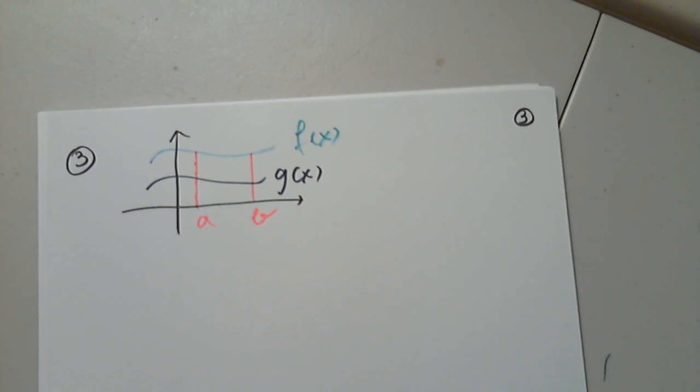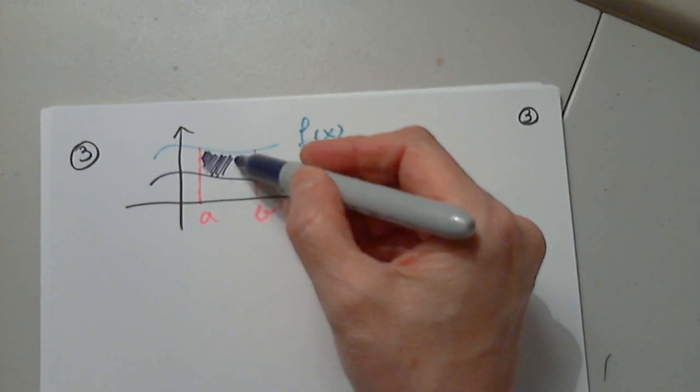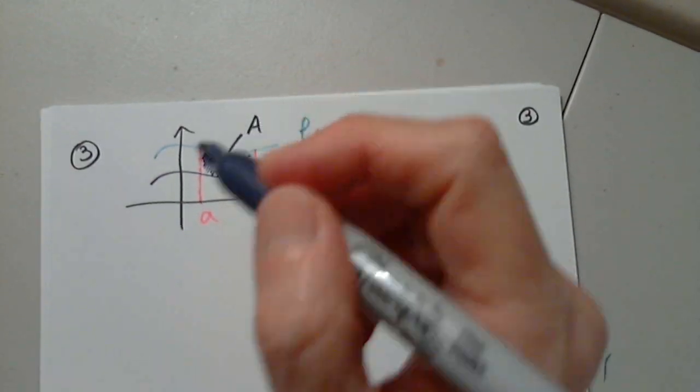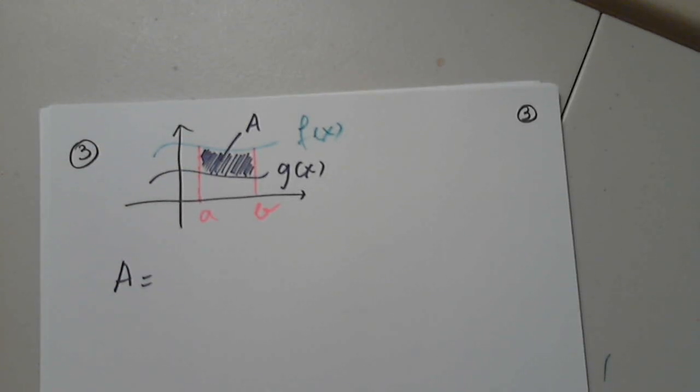And this time we want to determine the area between these two graphs. So I'm going to call this A. Any suggestions on how to determine this area? Because we are going to look at graphs that have enclosed areas between them. So then we will be interested in determining the area between those two.